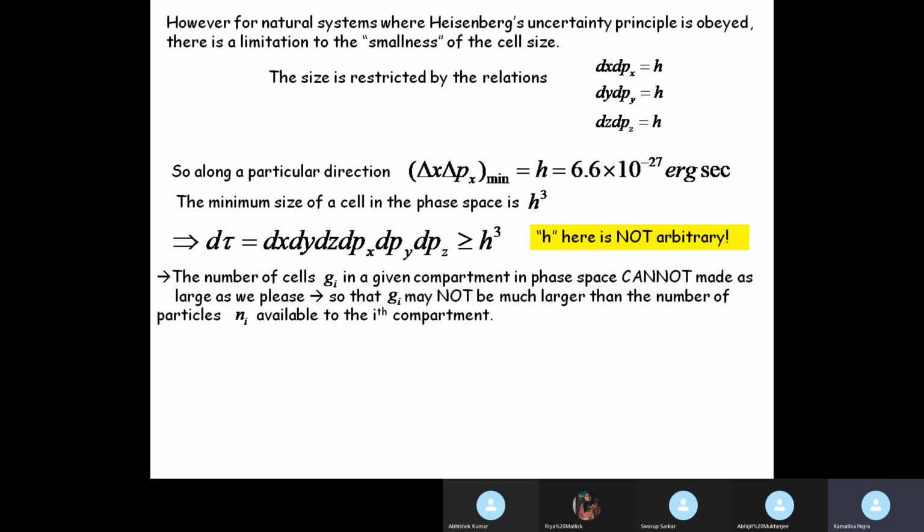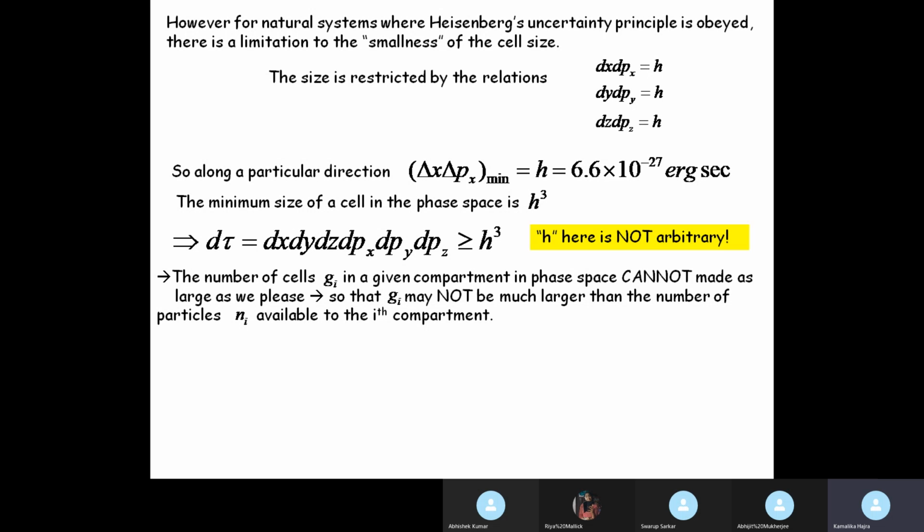Divide up into more compartments. Then what do you have to ask me? You have to ask, ma'am, are the particles quantum or classical? If I tell you they are classical, you can go ahead and make the compartments smaller. If I tell you quantum, you say, no, ma'am, I've already made the cells equal to h cube. I cannot make them smaller than that. So I cannot increase the value of gi.